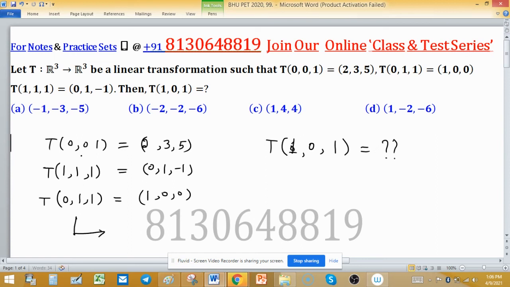First, check whether these domain elements form a linearly independent set or not. If they form a linearly independent set, then they will form a basis, because the number of linearly independent vectors becomes the dimension of the vector space, so they will form a basis. This is by theorem.